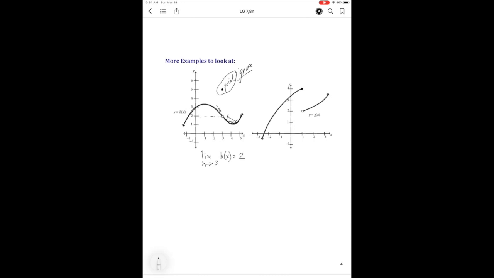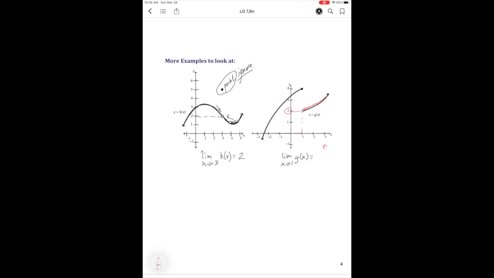Okay, so let's look at the example on the right. So we have a limit question. Let's say the limit as x is approaching 1 of g of x. What's the answer? Well, here we have a different situation going on, because if we come on the right side of the function here, we're following this path, right? And we get to 1, the answer is 2.